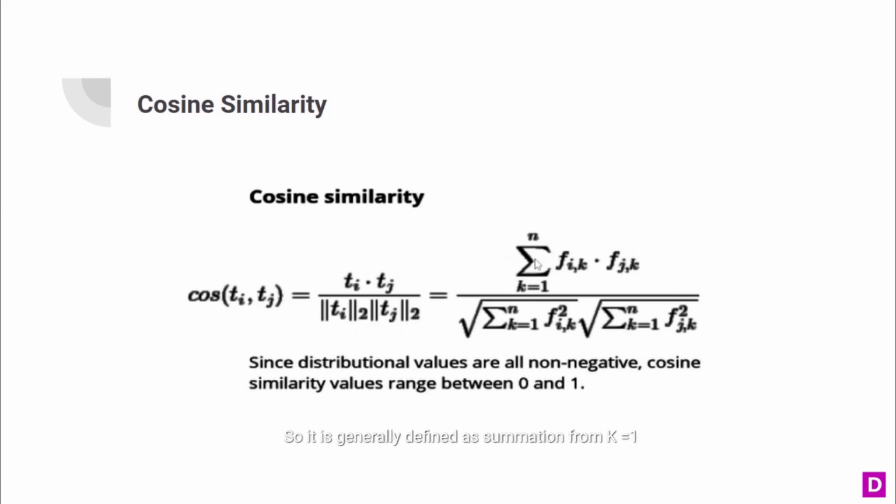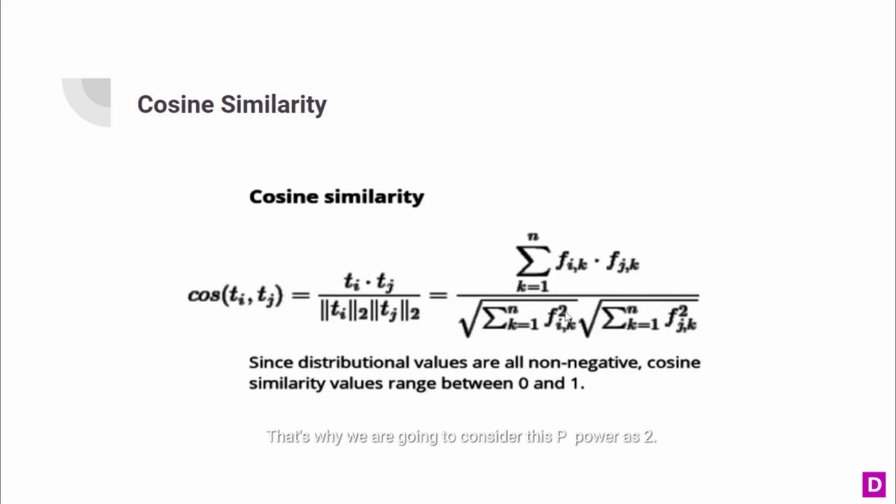It is generally defined as the summation from k equals 1 to n of f_ik dot f_jk, divided by the magnitude of each of these term frequencies. So here you could see the summation from k equals 1 to n of frequency squared. This is squared because, as I mentioned, we are going to assume the distance as Euclidean distance.